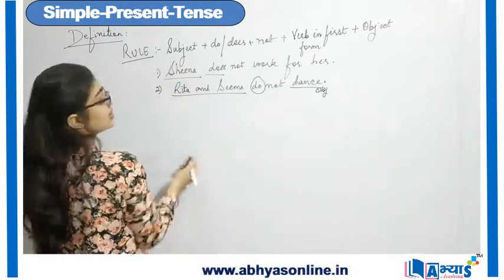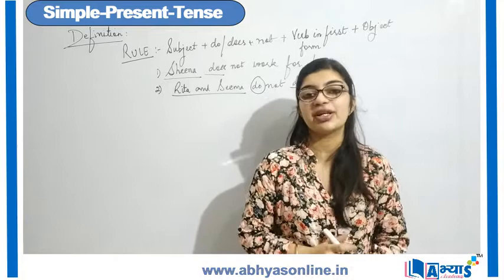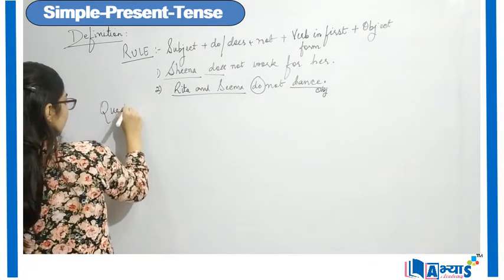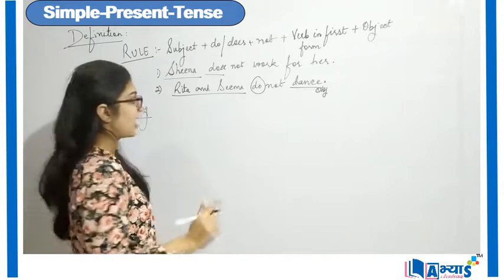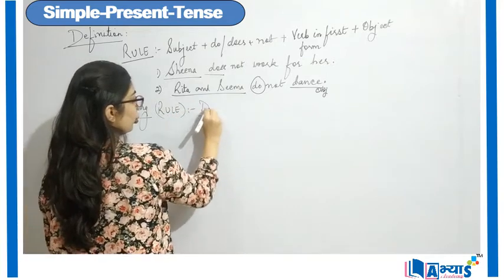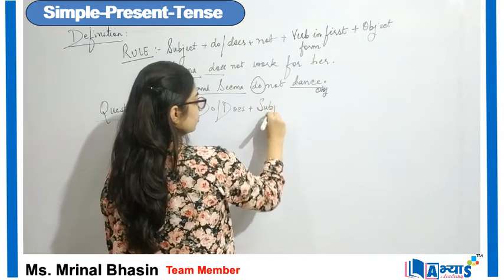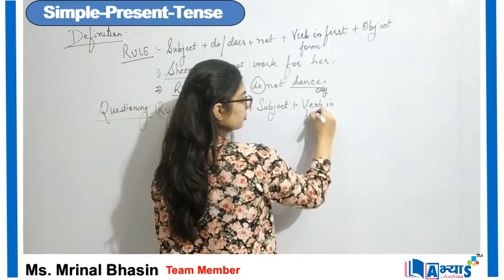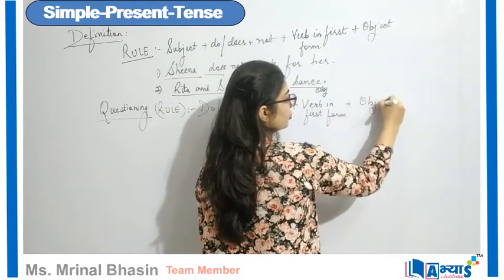Now if you want to ask any kind of question, and that question sentence should be in simple present form, so for questioning something in simple present tense, the rule is: do or does, plus the subject, plus the verb in first form, followed by the object.